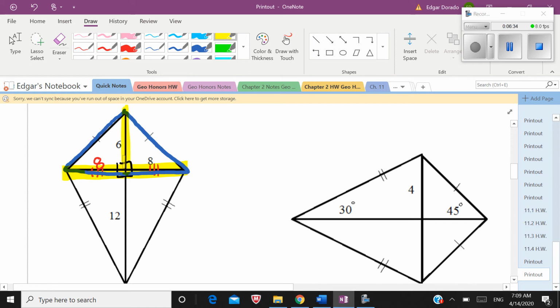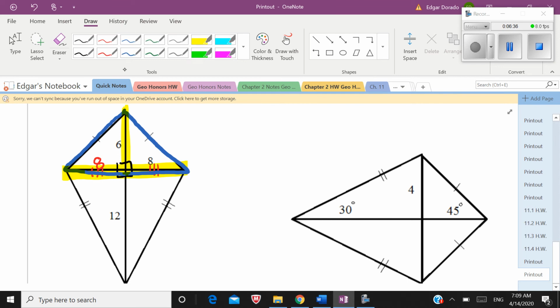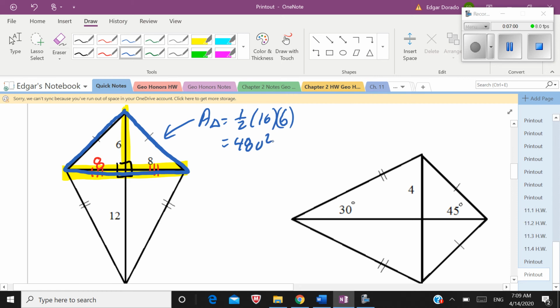That's actually a height. So I actually have at my disposal the ability to calculate the area of a triangle. The area of this blue triangle is going to be 1/2 the base times the height. So this is going to be 1/2 times 12 times 16, that's going to give me 8 times 6, which is 48 units squared.